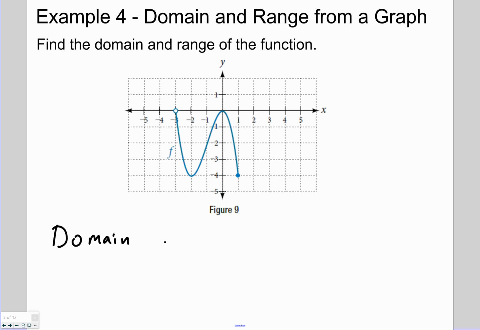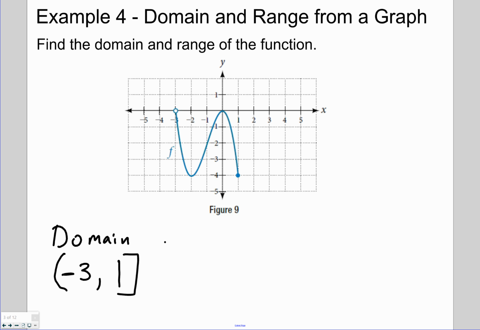So that's why we write -3, but because it's not included, we put a parenthesis. That's an open parenthesis. We're saying you go to -3, but you don't touch it. It's not included. Comma, what's the highest x value we have? 1, right? 1, and is 1 included? Yes, it's a closed circle. So I put comma 1, and I close it.